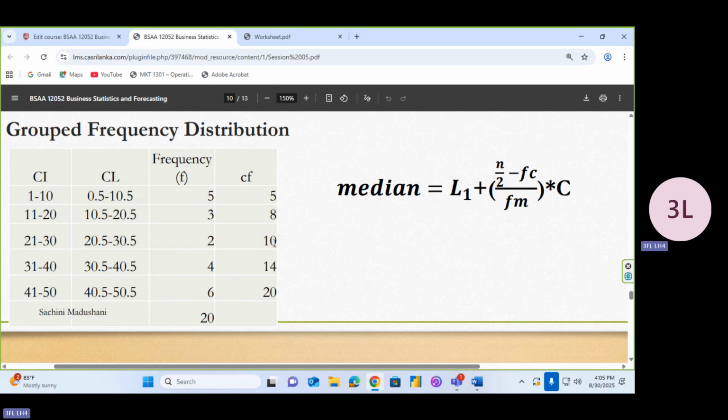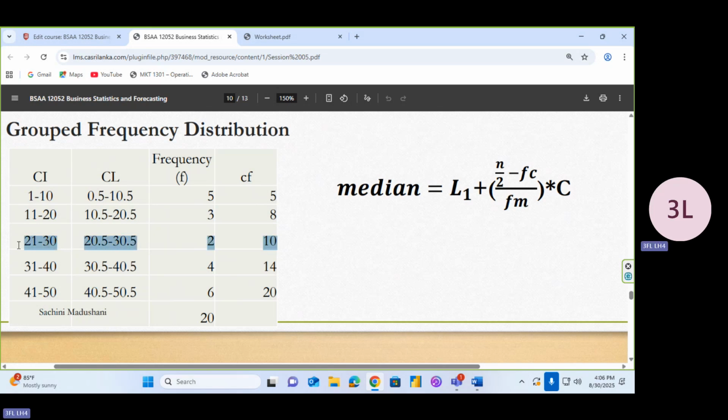Sometimes you cannot get the exact value. Then assume that N divided by 2 is equal to 12. Then where is the 12? Which category does it fall into? Here, 14. Why? This is ending at 10, then the other 4 in here. Is it clear? Okay.